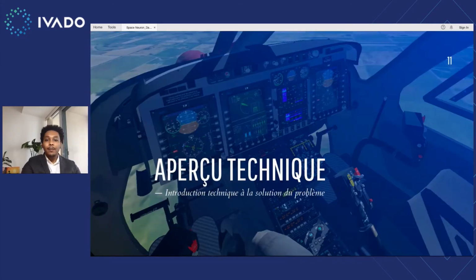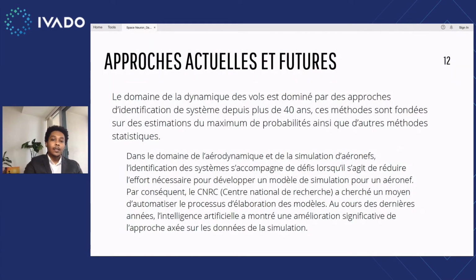So we're going to dig a bit deeper into the technical overview of the technology. Right now, the simulation and the aerodynamic modeling is mostly done using system identification and some concepts of machine learning.